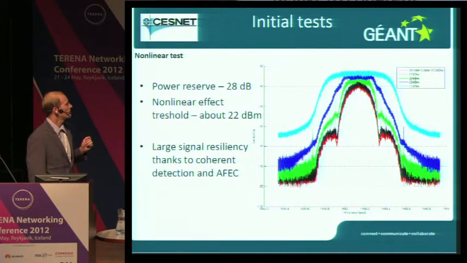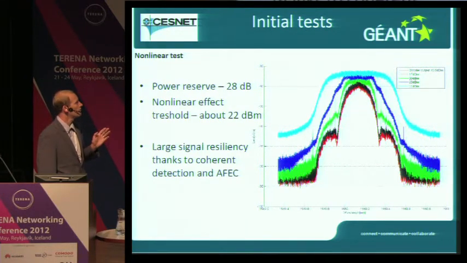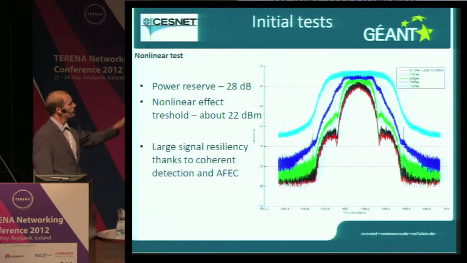You can see on this figure that we started from 15 dBm of output power from the amplifier amplifying the 100G signal. That's the red line at the bottom. Then we increased the output power of the booster amplifier and sent that signal through 100 kilometers of single-mode fiber. In the figure, you can see that self-phase modulation, which is probably the most important nonlinear effect in this case, spread out the spectrum, and we found that the threshold was around 22 dBm of output power from the power booster.